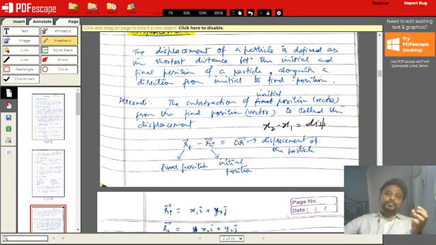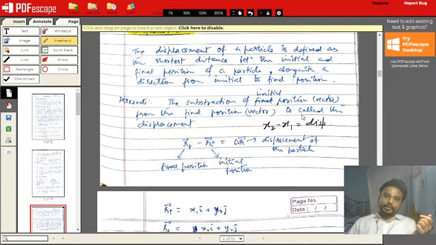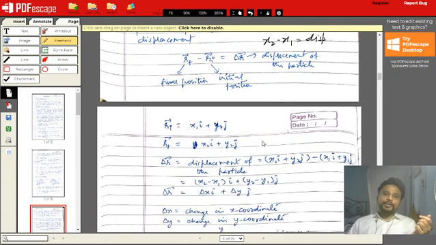When the particle is moving in two dimensions or more than two dimensions, we have to use a vector. Even then the idea says the same, that the final position of the particle minus the initial position is called the displacement of the particle. So we have written some general initial position x1 i plus y1 j, and some final position of the particle, that is x2 i plus y2 j.